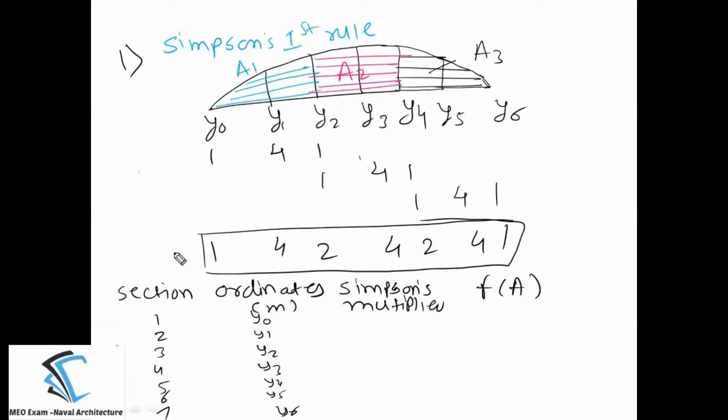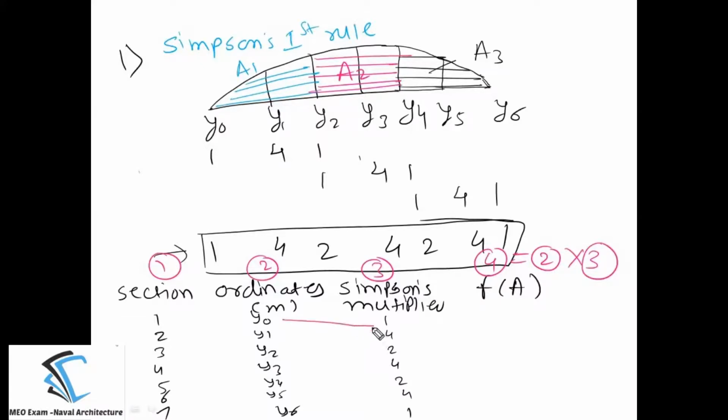Then Simpson's multiplier, which I have written in the horizontal format, you can write in the vertical format: 1, 4, 2, 4, 2, 4, 1. So you can just multiply this. Again I will give the column numbers here: column number 1, column number 2, column number 3, column number 4, which becomes column number 2 multiplied by column number 3.